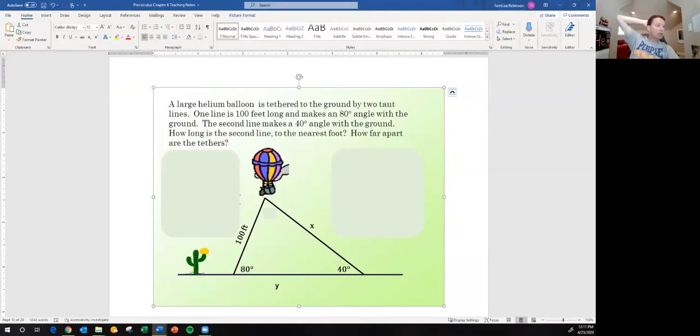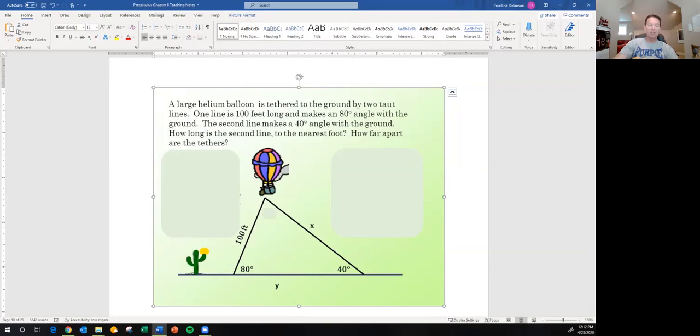So all I want you to do is look at this problem. You can sketch this. I'll transfer this to the whiteboard in a second. Sketch this, and then let's see if we can turn this into a law of sines problem. I'll give you a couple more seconds to picture it. It's 80 and 40 on the bottom, and then 100 feet on the left-hand side. You don't even know what the right-hand side is.